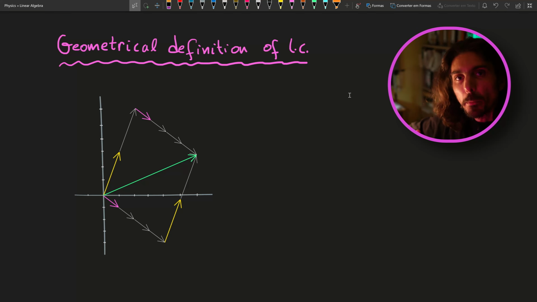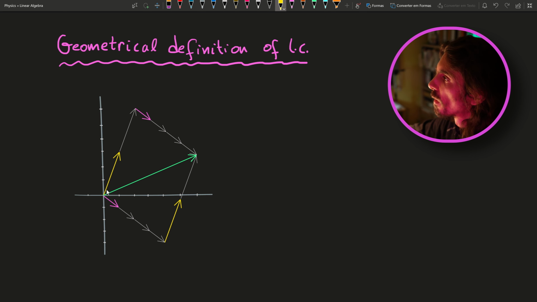Now, let's see this geometrically. What does a linear combination mean from the point of view of geometry? We use the parallelogram rule. We find here 2 vectors, one in yellow with coordinates 1 on the horizontal axis and 3 on the vertical axis.